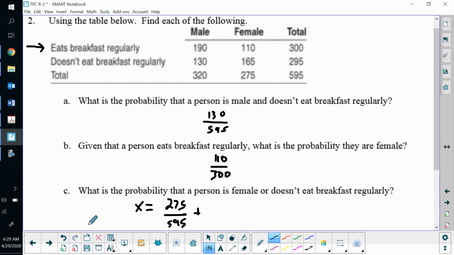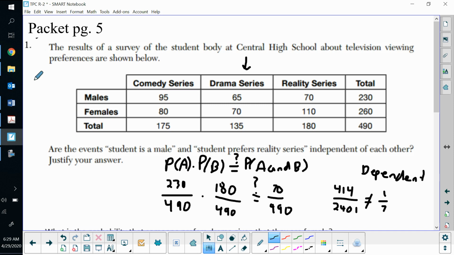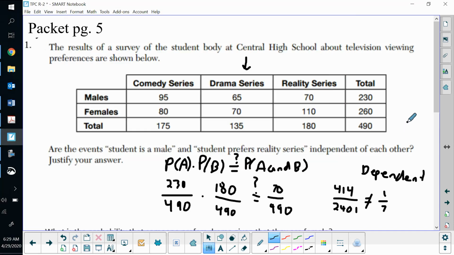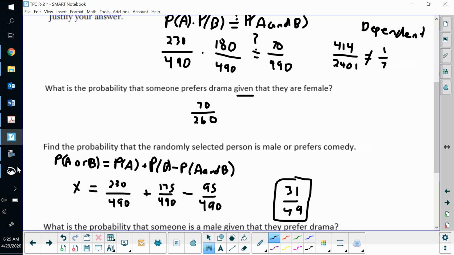Plus probability of thing B, and I'll bring the formula over here, just so we have it.